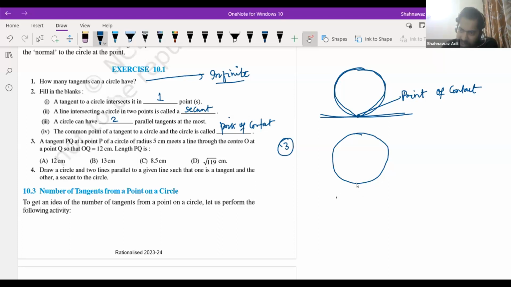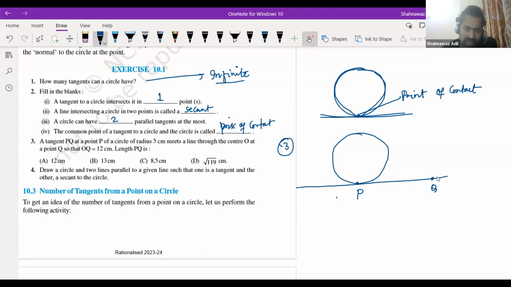This P is on the tangent and this P is also on the circle. So this P is the point of contact, right? And then we have this other point Q. So this PQ is a tangent.